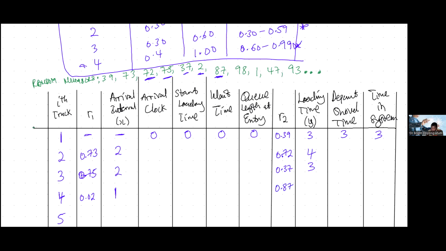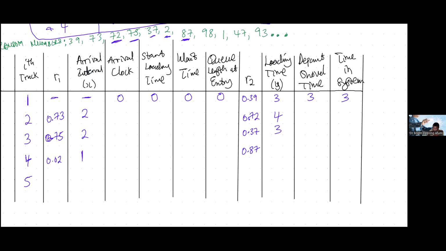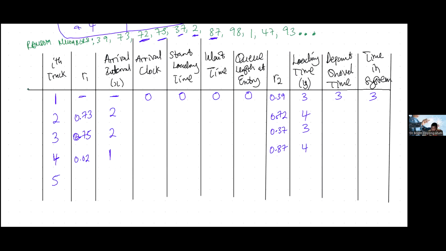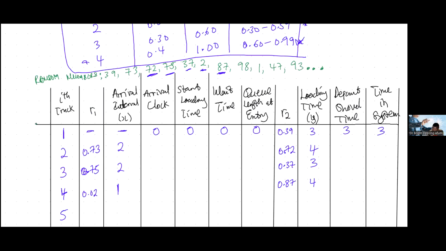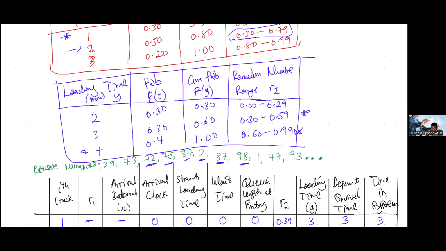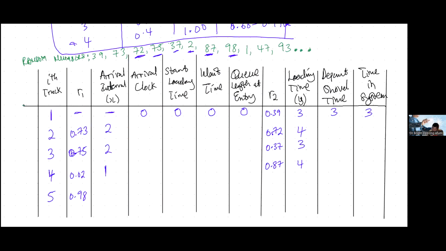So what will be the loading time? 87 is 4. So it's going to take 4 to be loaded. Then the last track, which is the 5th track, is 98. So it will arrive 0.98 with a random number 0.98. And I'll just pick this to be 3, which is here, 3.